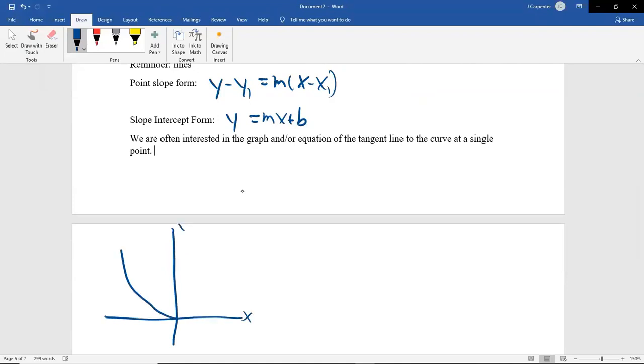So here's our basic parabola. Here's our x squared graph. Here is a tangent line at x equals 0. Here's a tangent line, if we call this x value 3.